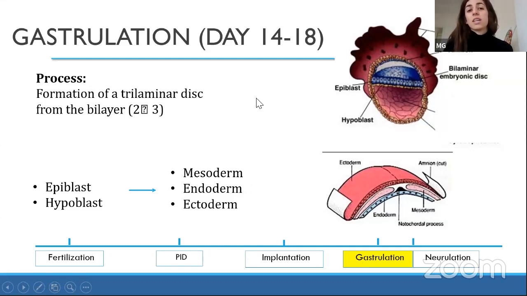We're going to see step by step how it's going to form from two layers to three layers. Okay, so this occurs around 14 to 18 days post-fertilization.